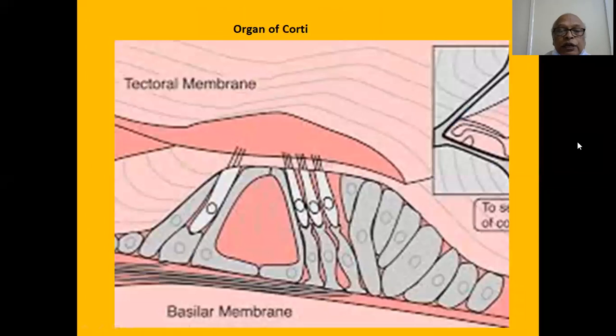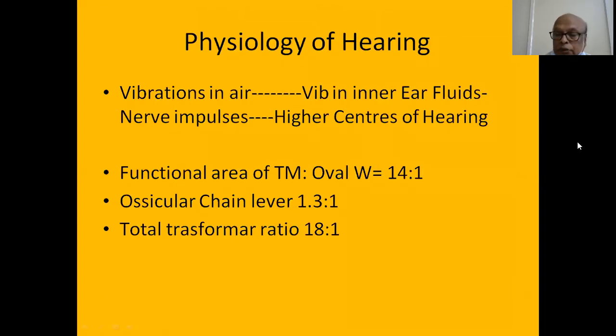This is the enlarged picture of the organ of Corti. Not only that, as far as the anatomy of the ear is concerned, the middle ear cavity, the tympanic cavity which I was mentioning, has an opening into the mastoid bone called the auditus ad antrum.